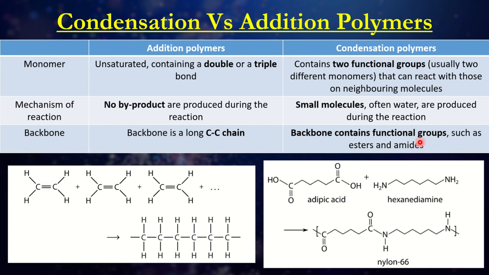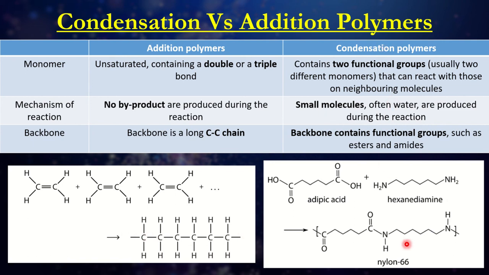And the backbone contains that set functional group, such as esters or amides. There is no byproduct in addition polymers, and the main backbone is basically a carbon-carbon chain. You can see here with polyethylene, that's your main chain, the backbone of just carbon-carbon.